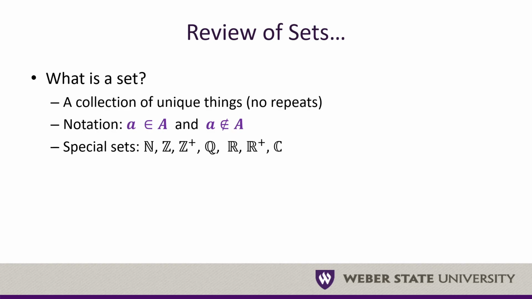We talked about some special sets. The overstrike representation of them: N is the set of natural numbers, which you can view as counting numbers. You know, how many bananas do you have in the desk in front of you?